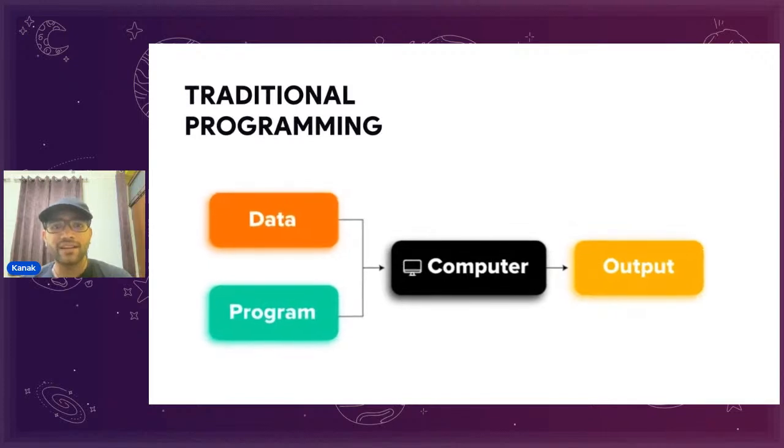Now, let's draw further comparison between traditional programming approach and machine learning approach. In traditional programming, you have your data or the inputs you give to the program, and your task is to create a program or build the logic for it. So you provide both your data and program to the system, and you get the desired output.